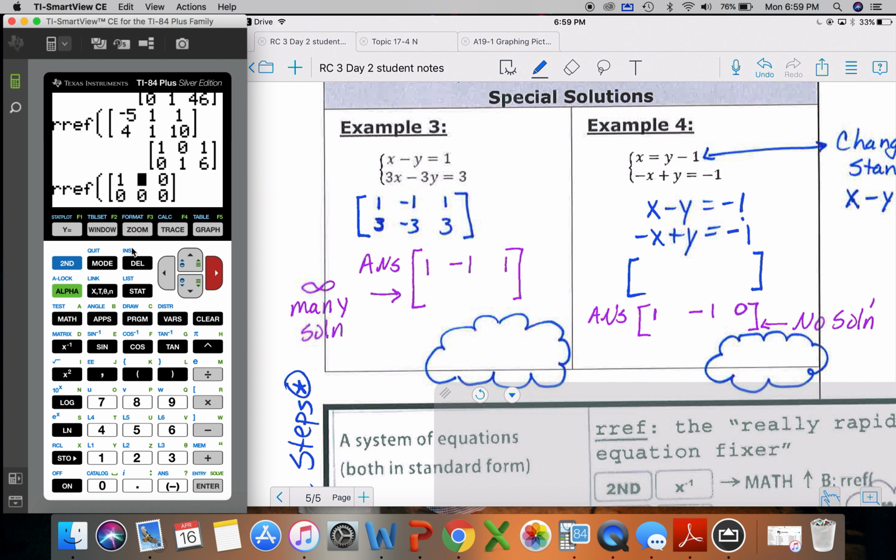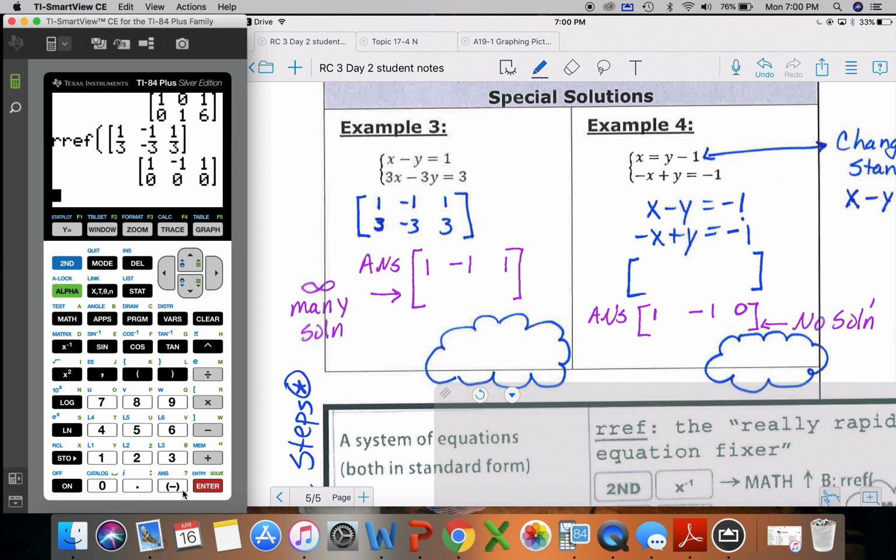And then we have 1, arrow, -1, arrow, 1, arrow, 3, arrow, oops, sorry. -3, arrow, 3, arrow. And this is what we see exactly from the calculator.